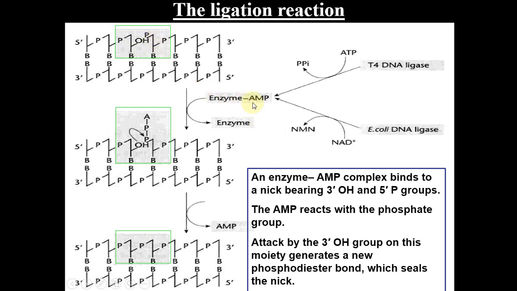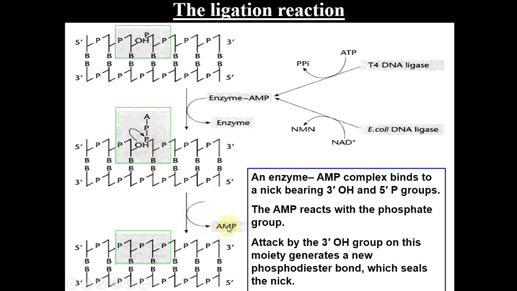T4 DNA ligase requires ATP, E. coli DNA ligase requires NAD+. Both NAD+ and ATP form the enzyme-AMP complex by releasing their components. This enzyme-AMP complex then binds to the nick, where the 3' OH and 5' phosphate groups are exposed.